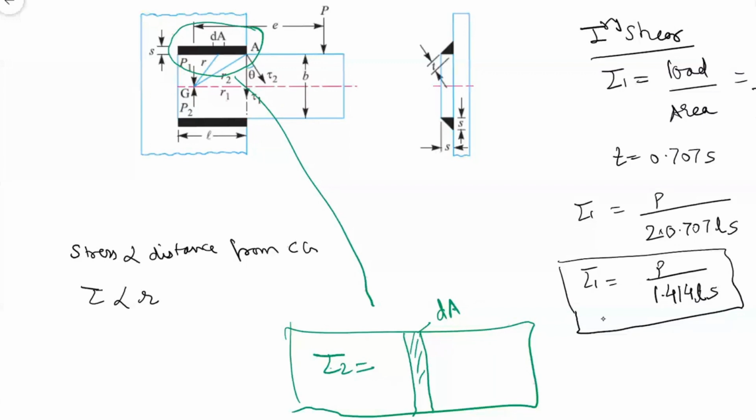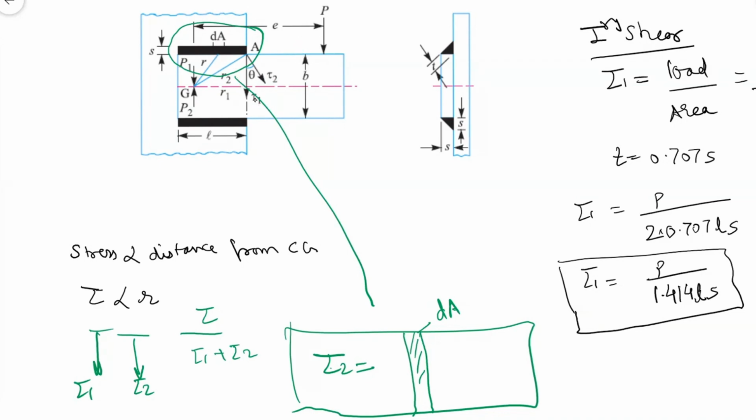Now tell me, if tau 1 is vertical and tau 2 is vertical, what will be tau? Sir, tau 1 plus tau 2. Correct, tau 1 plus tau 2. But if tau 1 is vertical, as in this case, but tau 2 is not vertical, how will tau 2 be vertical? You can see here, shear stress 2 will be perpendicular to the distance.